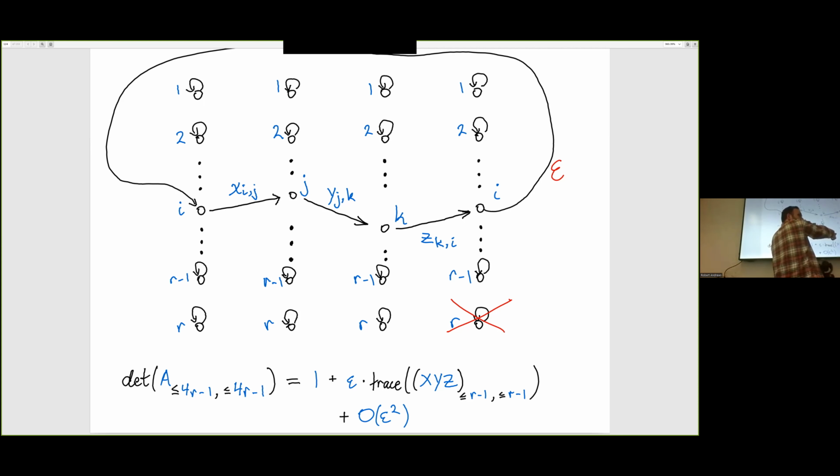But can you jump? You could go to a layer above and come down, right? Yes, of course.